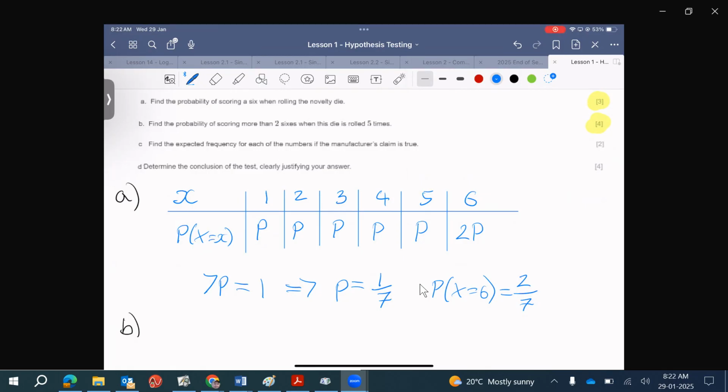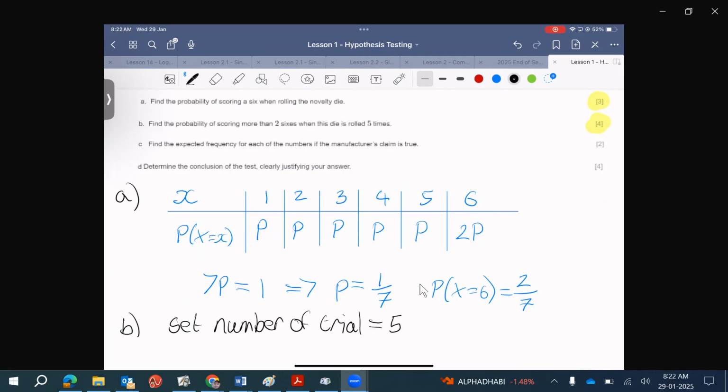You've got a set number of trials. How many trials do we have? 350. Nope. 5.